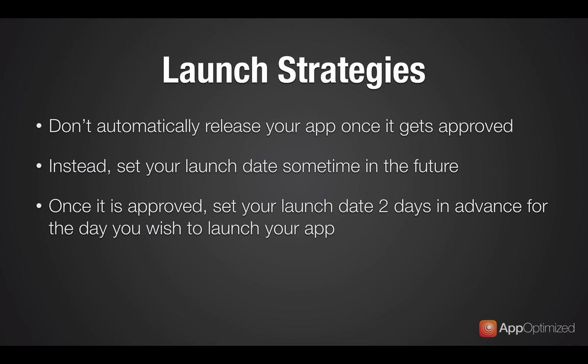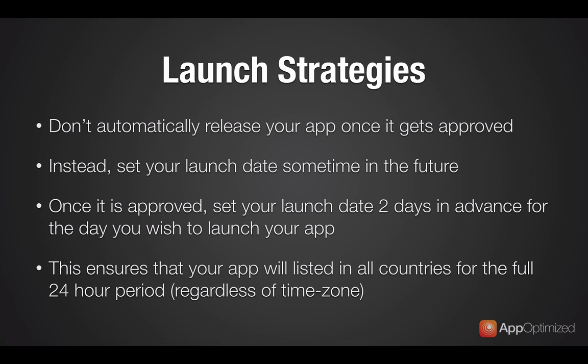It's really hard to track. I guess Australia is probably one of the very first time zones. You want to make sure you have a full 24-hour period of your app being listed in every single app store on the day that you launch, because that will maximize your exposure and your visibility in all the app stores. So this ensures that your app will be listed in all countries for the full 24-hour period, regardless of time zone.